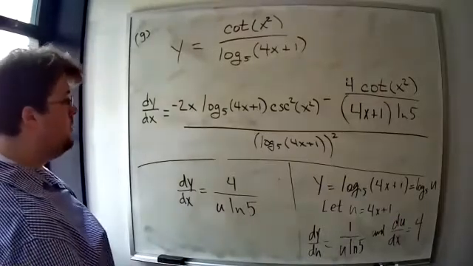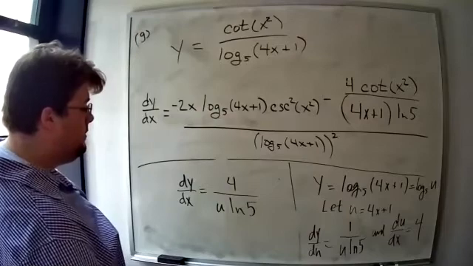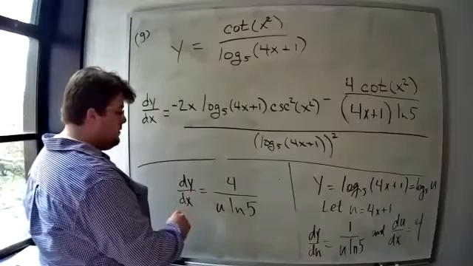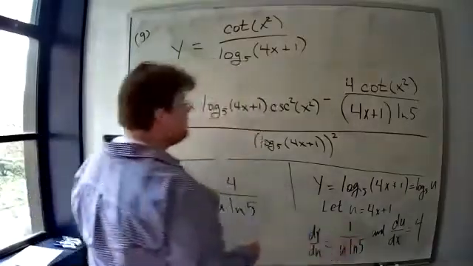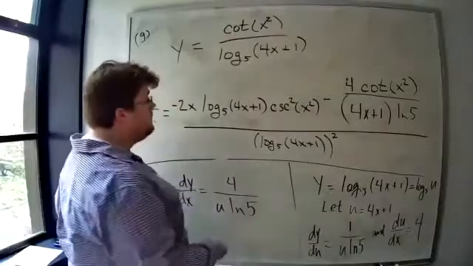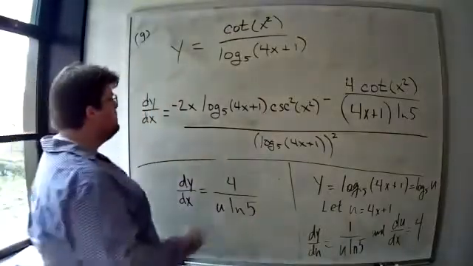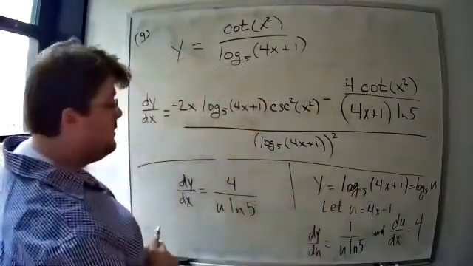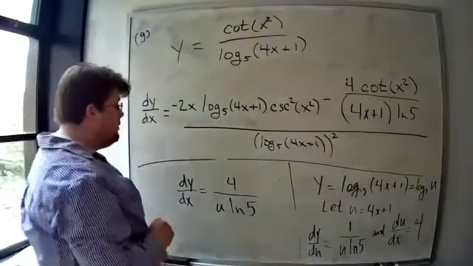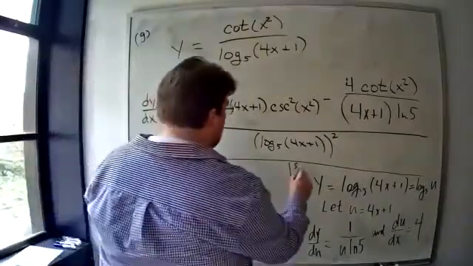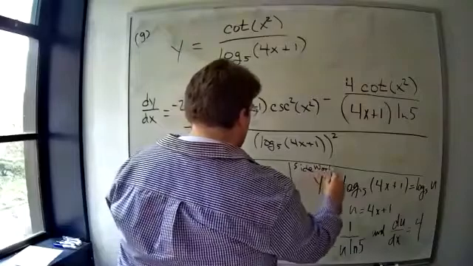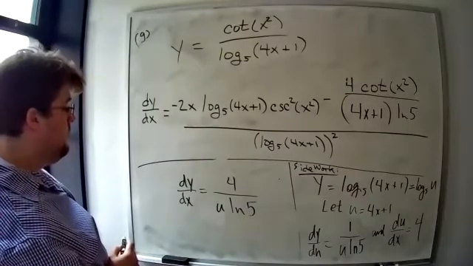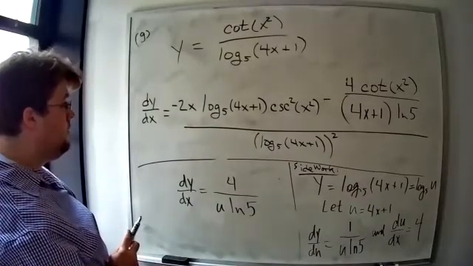What I don't understand here is how did the dy and dx turn to the fraction on the top right. Well, dy dx, do you mean the derivative of the original function or do you mean the derivative of the logarithm? I'm not sure, but I don't understand how the dy and dx turns to 4x plus 1 log 5.